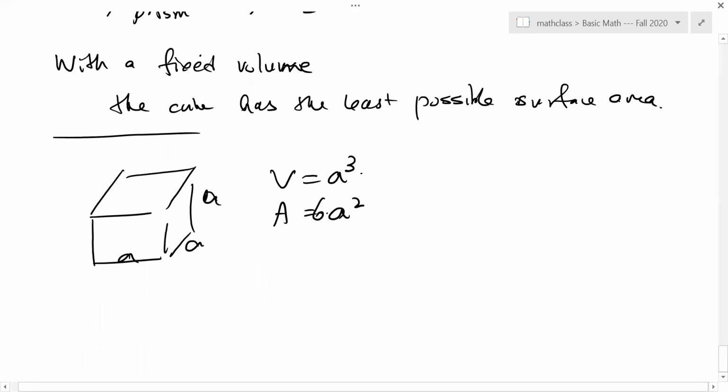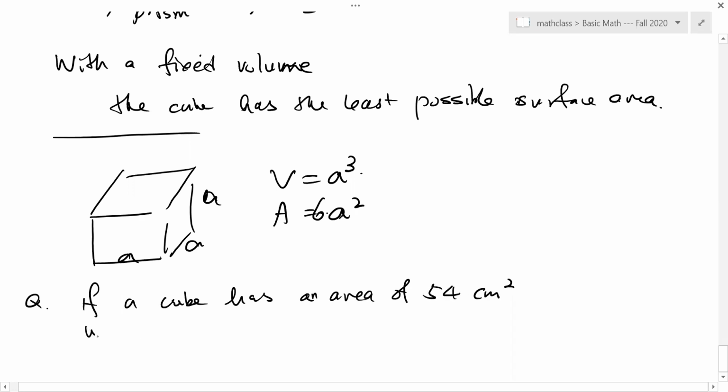Now, here's a question. If a cube has a surface area of 54 square centimeters, what is the volume?